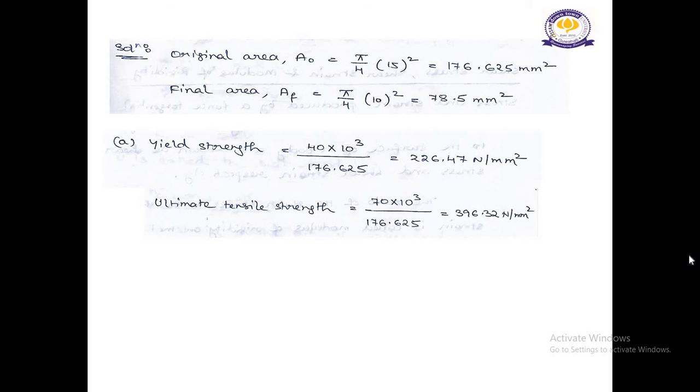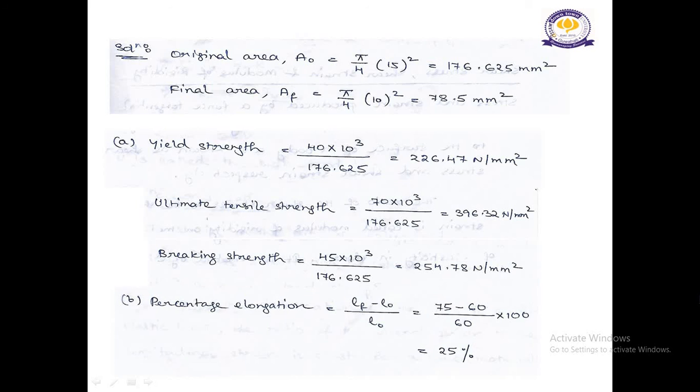Next we have to find out ultimate tensile strength, which is equal to 70 into 10 to the power 3 divided by original area, that is 176.625, which comes out to be 396.32 Newton per mm square. Breaking strength is equal to 45 into 10 to the power 3 divided by original area, that is 176.625 again, so it comes out to be 254.78 Newton per mm square.